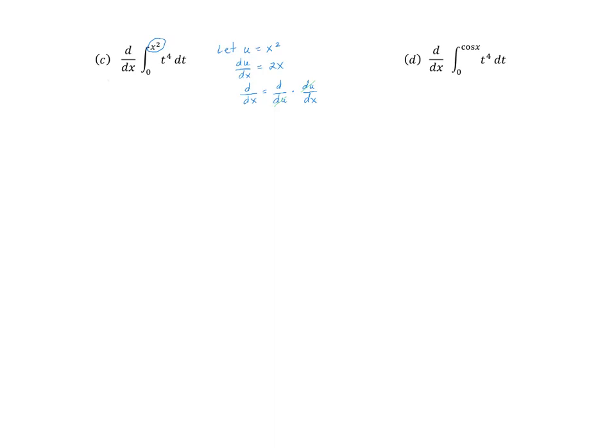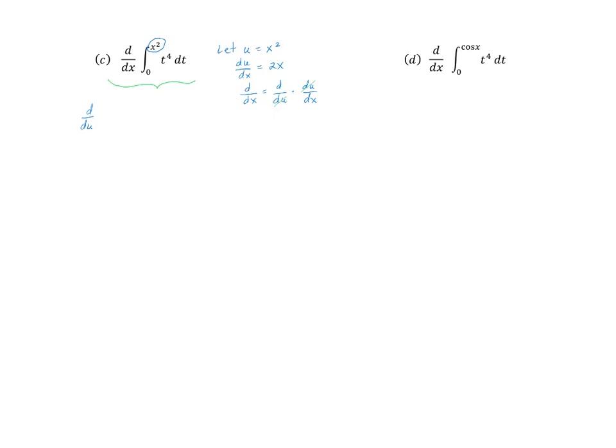What I'm going to do is rewrite this integral, and I'm going to replace d over dx with d over du times du over dx. But since it's multiplication, and multiplication order doesn't matter, I'm going to choose to take the derivative with respect to u.